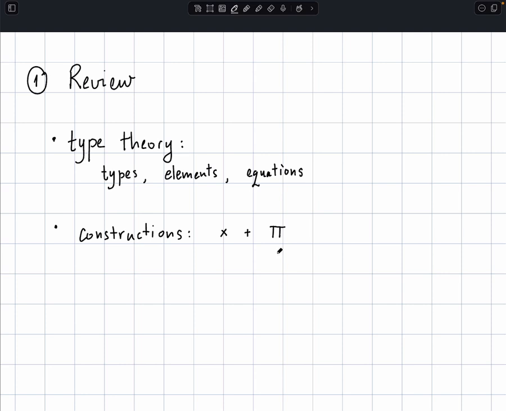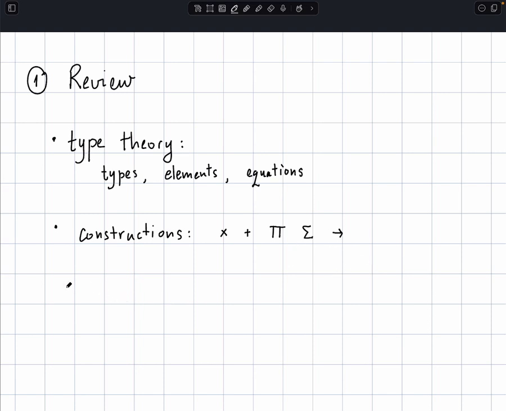Our types can be dependent, which means that a type may depend on an element. Examples are everywhere, all over math, and we talked about that. Then we had the dependent sum. There were special cases, right? The function space also turned out to be a special case of a product where you have a non-dependent family, so you get a function space.